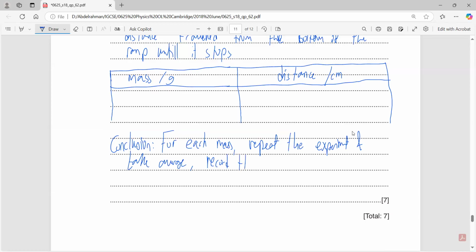Record the readings in the table. When you record the readings in the table, you can compare the results using a graph. You can plot the points and see whether the mass would increase the distance or not.